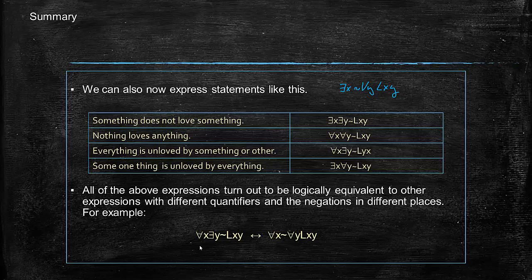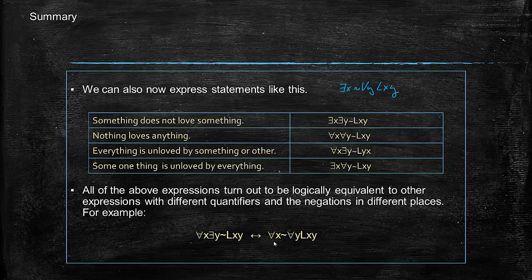And when we write predicate logic formulas, it turns out, and we'll be able to make this clearer later, that we can create logically equivalent formulas just by changing the quantifier and redistributing the negation. So for all x, there exists a y such that not L x y is actually logically equivalent to for all x, it's not the case that for all y, L x y.